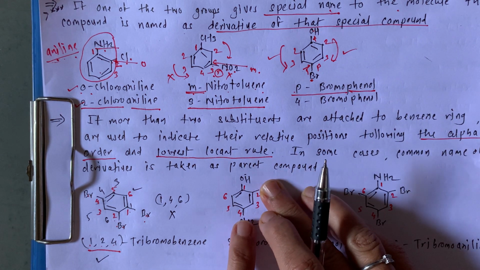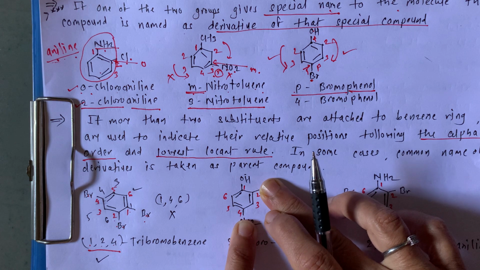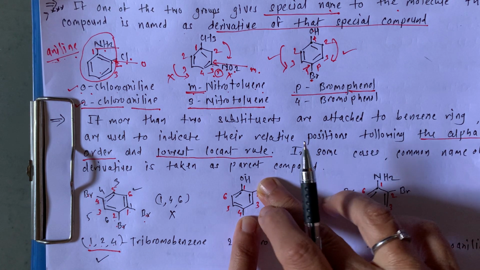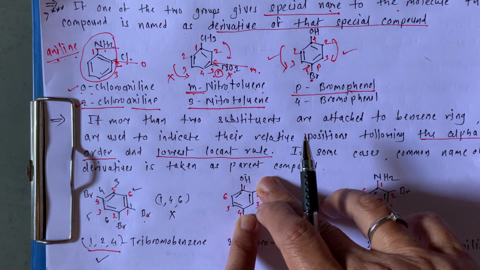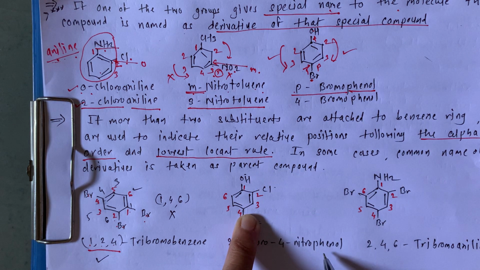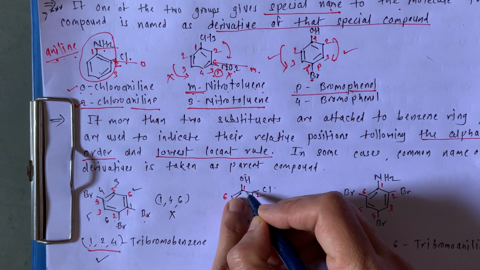Now next example. Here it is OH, here it is chlorine, here it is nitro. If you hide chlorine and NO2, what is this? This is nothing but phenol. This is our specific name; the parent compound has a specific name, phenol. Then we have to give first preference to the OH attached carbon.